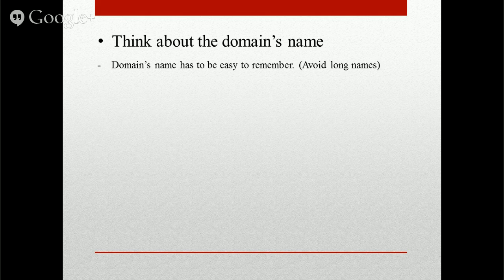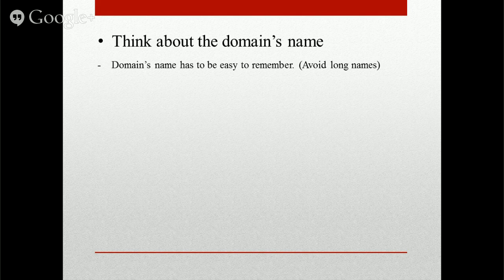The domain sometimes doesn't have to be the name of the brand. For example, if I have a little shop in Gothenburg that sells, I don't know, exotic animals, reptiles, for example, it can also be www.gothenburgreptiles.com.